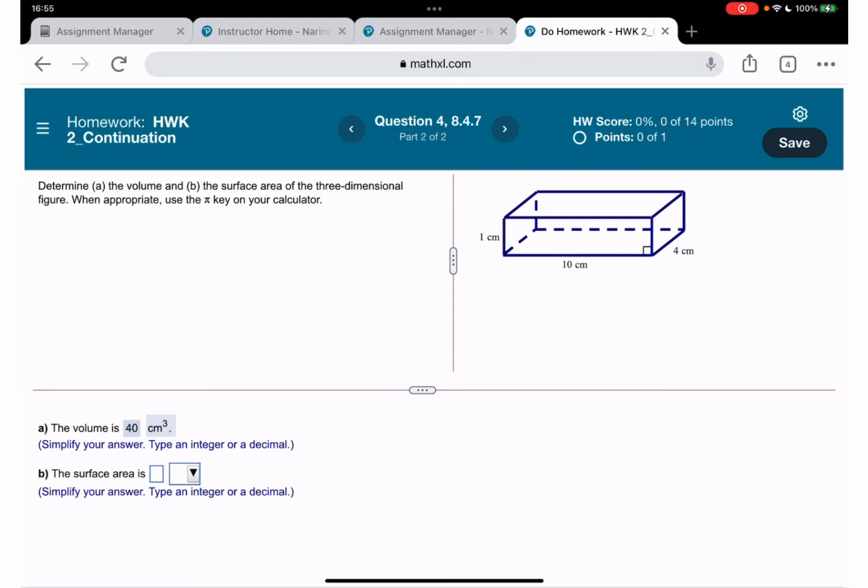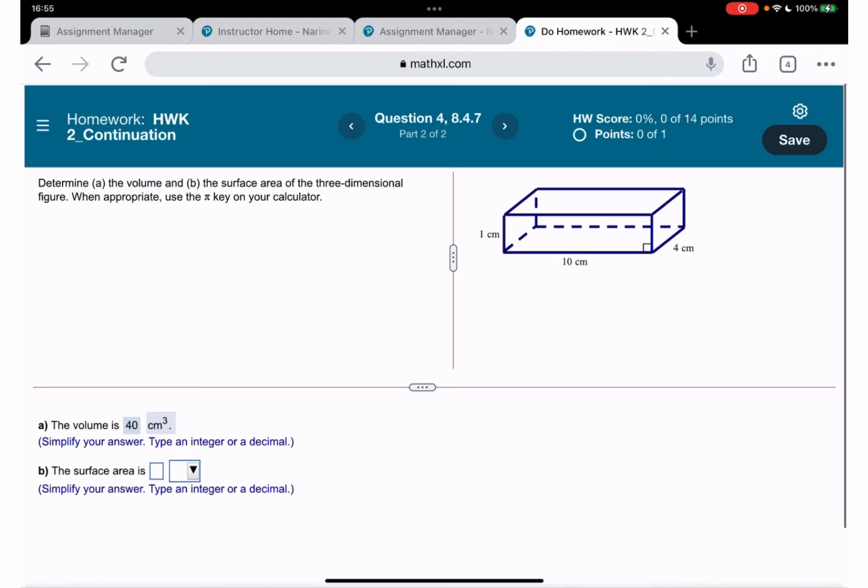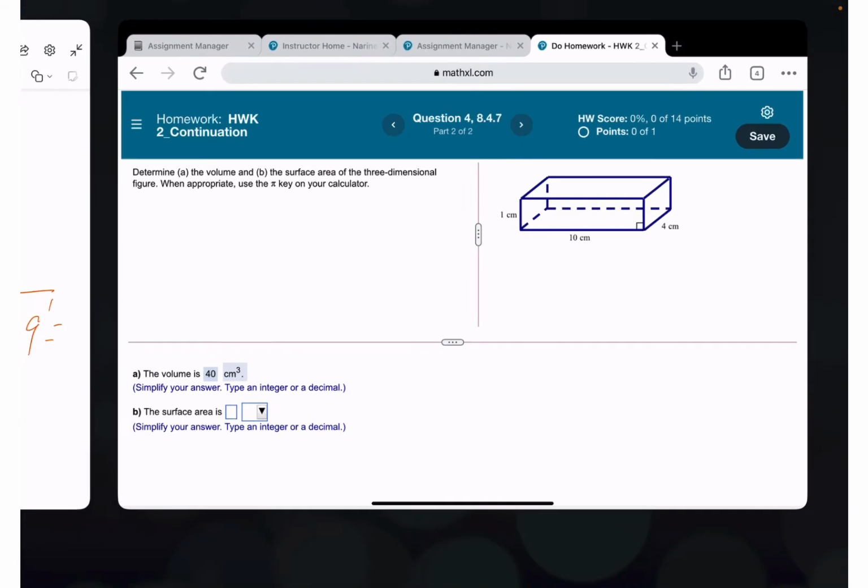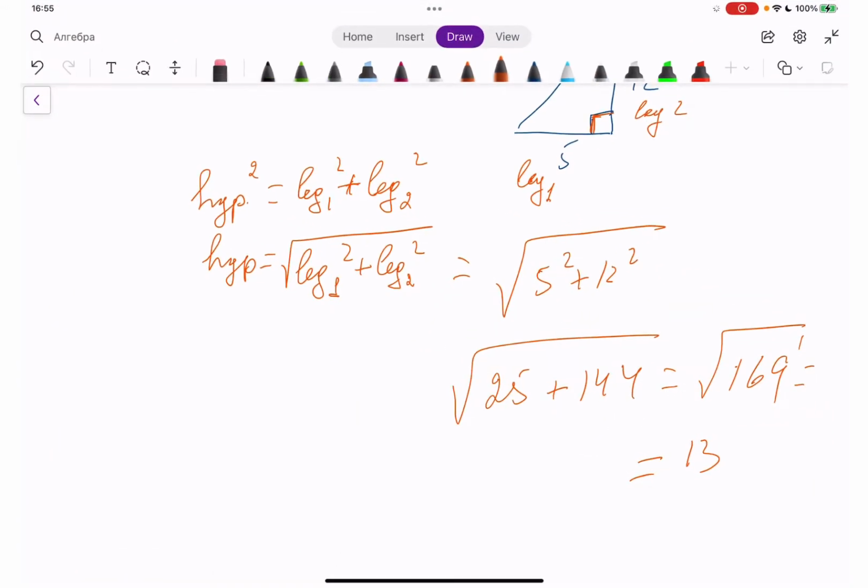Fantastic. Next, surface. Surface we're going to do this way. 10, 4, 1.